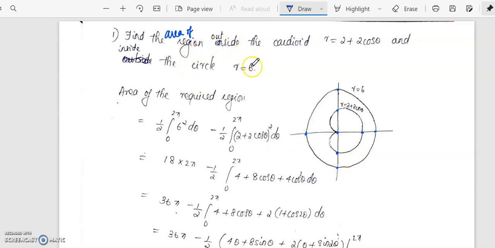Now we are asked to find the region which is outside the cardioid and inside the circle. So we need to calculate the area of the portion which lies outside the cardioid and inside the circle. So that will be area of the circle minus area of the cardioid. That will be the required area.